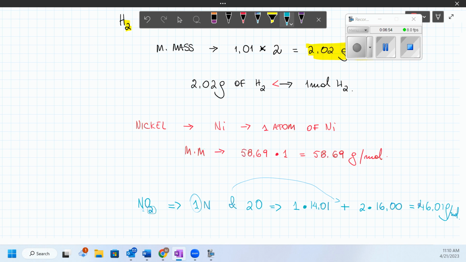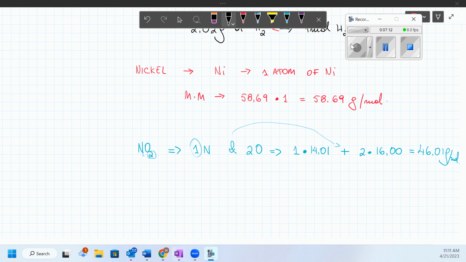And if you have 1 mole of nitrogen dioxide, then you have 46.01 grams of nitrogen dioxide.